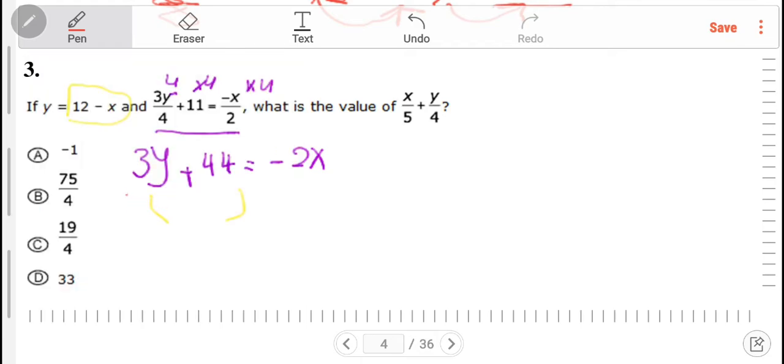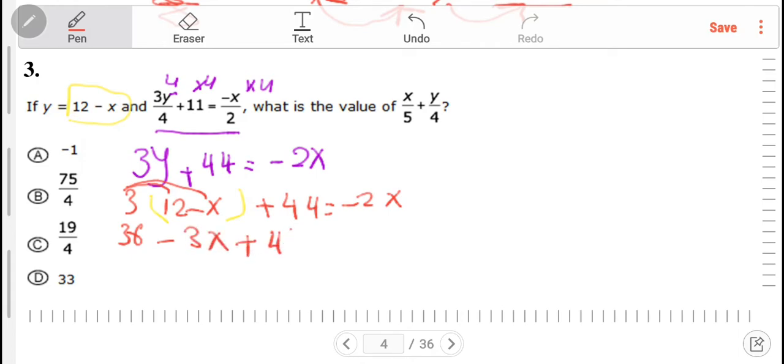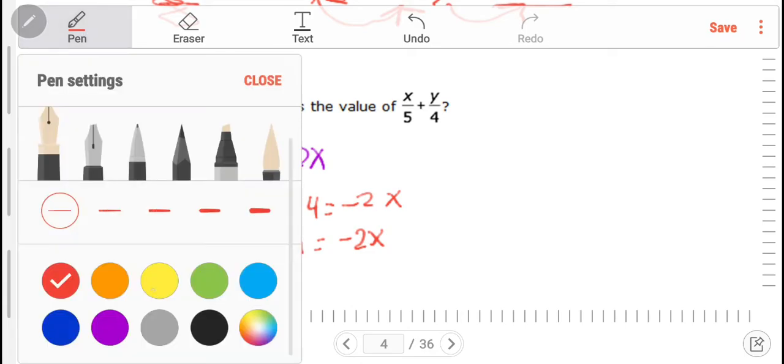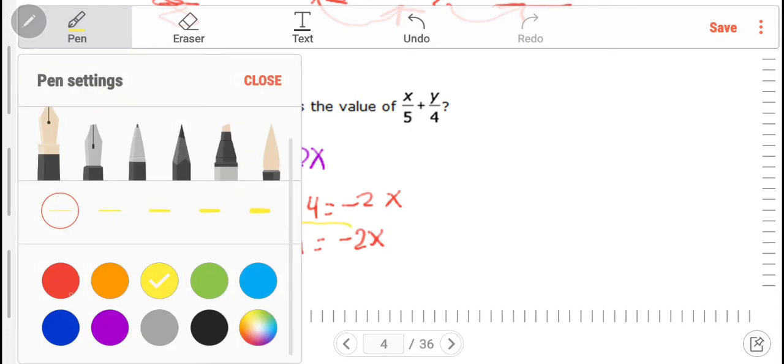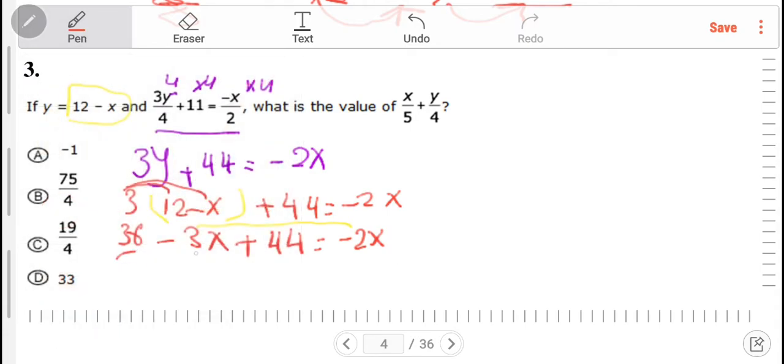So you can write it as 3 times (12 minus x) instead of y, plus 44 equals negative 2x. Use the distributive property: 3 times 12, 3 times negative x, negative 3x, plus 44 equals negative 2x, right? And now you can move negative 3x to the right hand side, and add 36 plus 44 becomes 80.